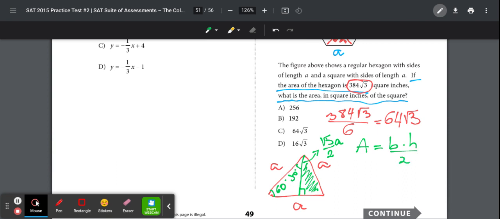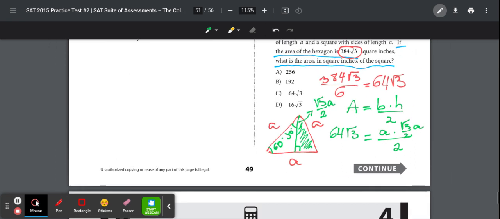Well, the area of a small triangle is 64 radical 3. The base of the triangle is actually A. The height is radical 3 over 2A divided by 2. And this is what I'm going to use to find A.